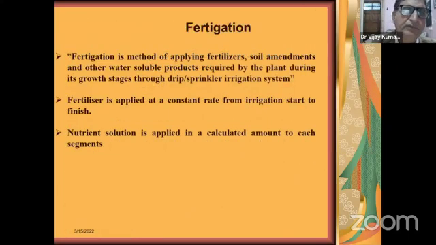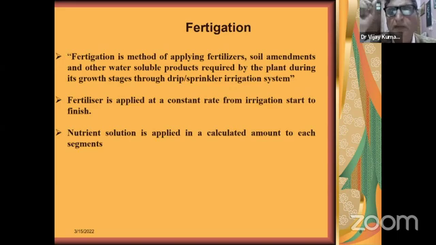And there is a method, fertigation. Fertigation is the method for applying the fertilizer, soil amendment, and also the water soluble product through drip or sprinkler irrigation method. Fertilizer is applied at a constant rate from the irrigation from start to finish.